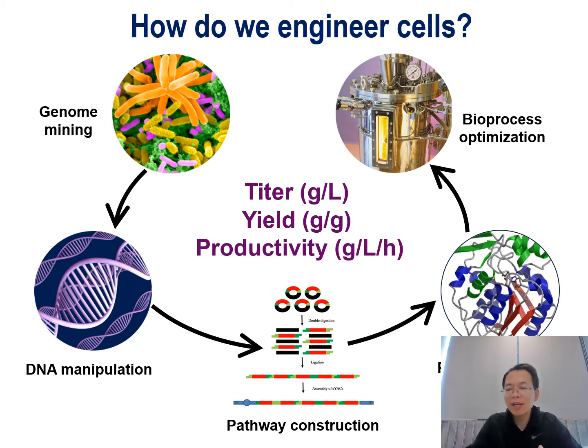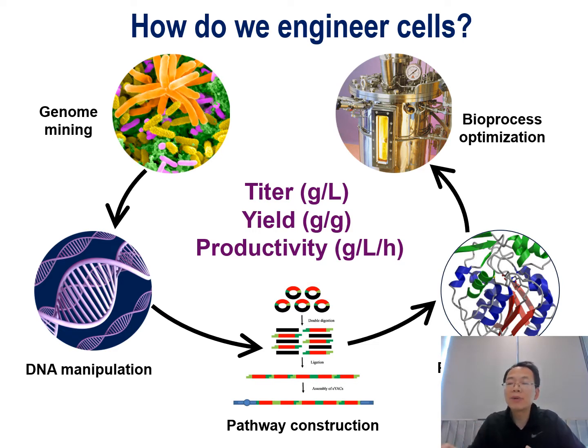Then we can iterate and test strain performance. If we find there are missing components, feedback inhibition or regulation, we can remove, for example, phosphorylation sites or maybe post-translational modification. We look at protein engineering to improve the efficiency or the specificity of the enzyme, so we can keep iterating the process until we reach our target yield or productivity.